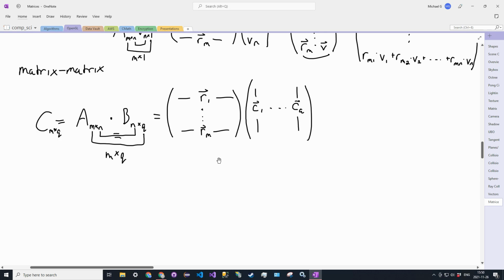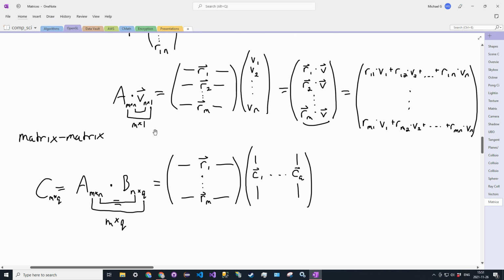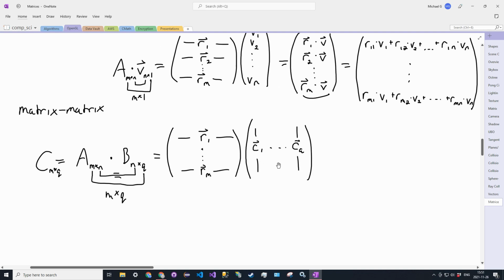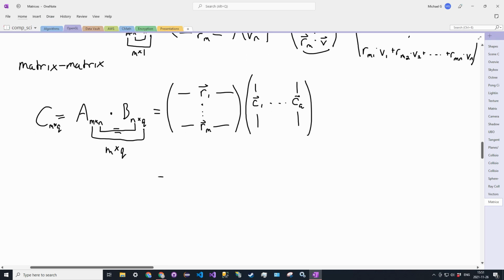If we're just stacking columns for the right-hand side matrix, why isn't the result just stacking a bunch of matrix vector multiplications, or putting a bunch of matrix vector multiplications next to each other? So we have the dimensions here as m by q, so obviously we're going to have m rows, which looks very similar to the matrix vector multiplication, but q columns, that's just going to come from the matrix B. So the result will just be A times C1 as the first column.